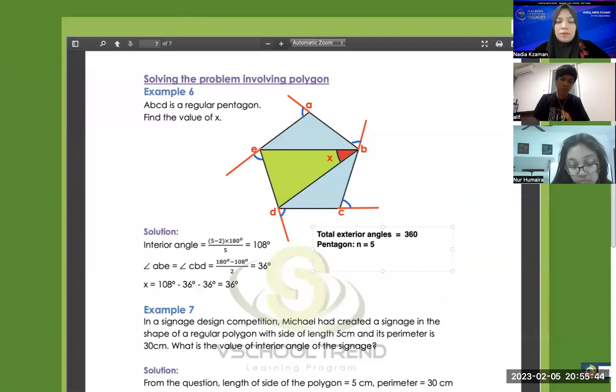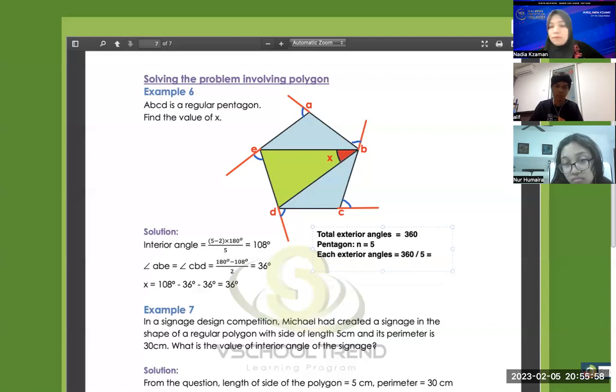So each exterior angle is equal to 360 divided by 5. What is it, Alif? 360 divided by 5? What do you get? 72. Yeah.